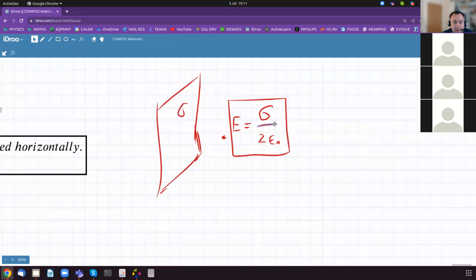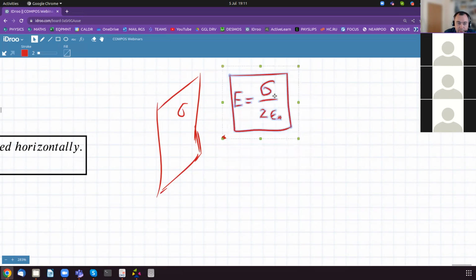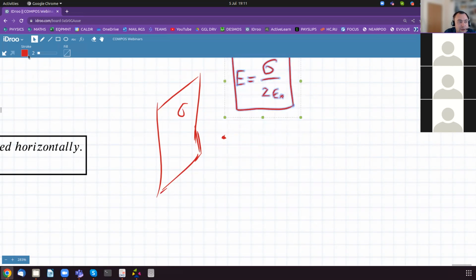Right. So we have a charged plate. So what does it mean? It's an infinite plane which is charged.